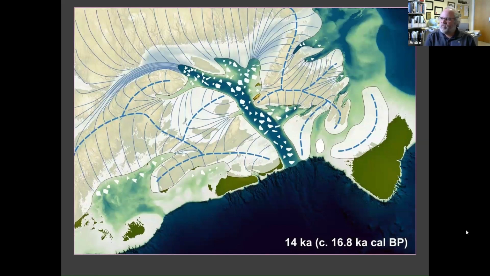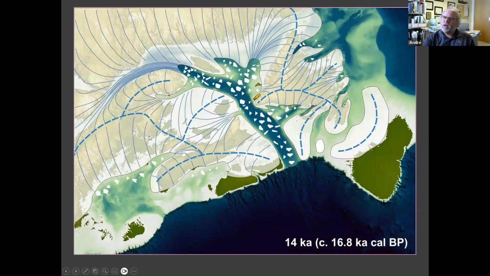Here we see a series of images representing the Maritimes: New Brunswick, Nova Scotia, Newfoundland. This is about 14,000 years ago, the max of the ice sheet, where you're starting to see deglaciation.